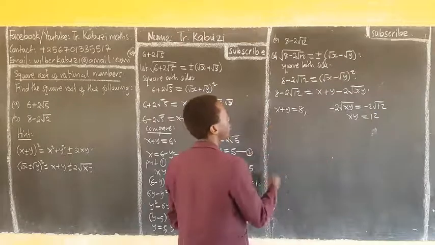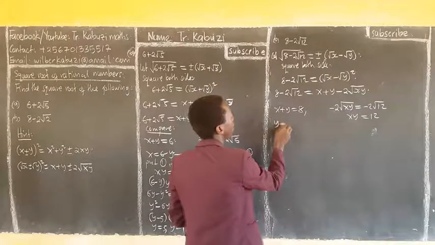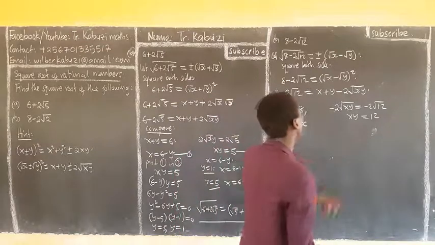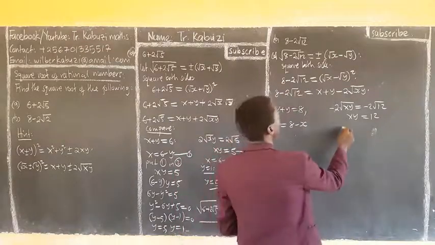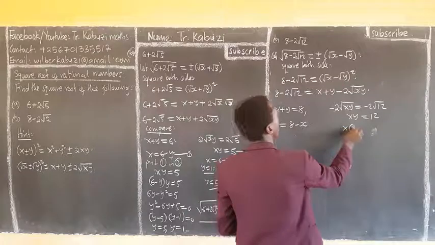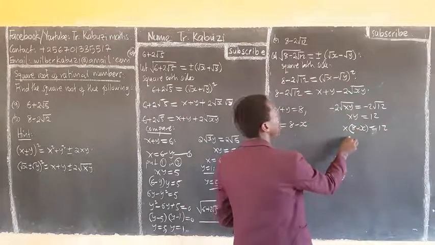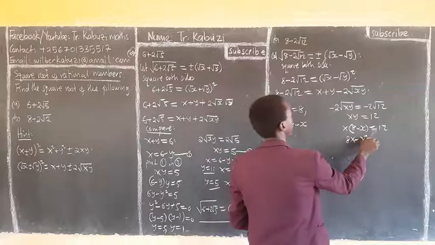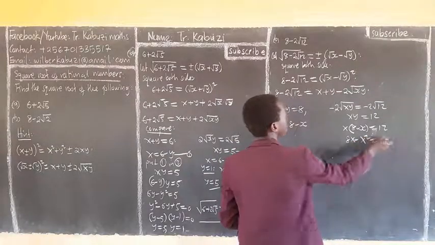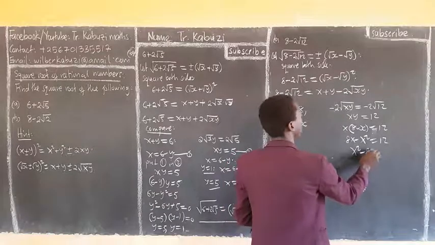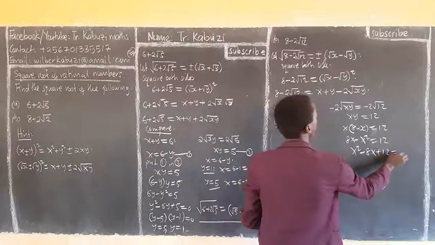So from here still, now you can make y the subject. I have y as 8 minus x. Then come and put it there. You have now your x times 8 minus x equaling 12. Expanding, you get 8x minus x squared equaling 12. Take everything the other side. X squared minus 8x plus 12 equaling 0.